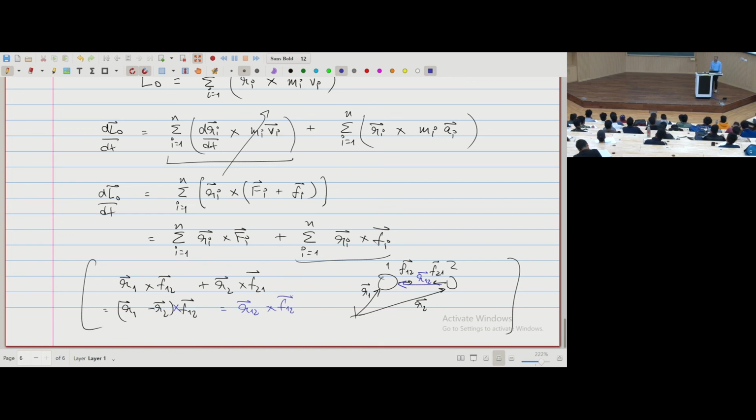Can we see R12 cross F12 is 0? They're in the same direction. Internal forces act from one particle to the other. They are central forces, center to center. And so is R12, center to center. So two vectors pointing in the same direction crossed give 0. And now, because internal forces appear in pairs, you can use the same idea and see that the overall sum that we have written above is 0.